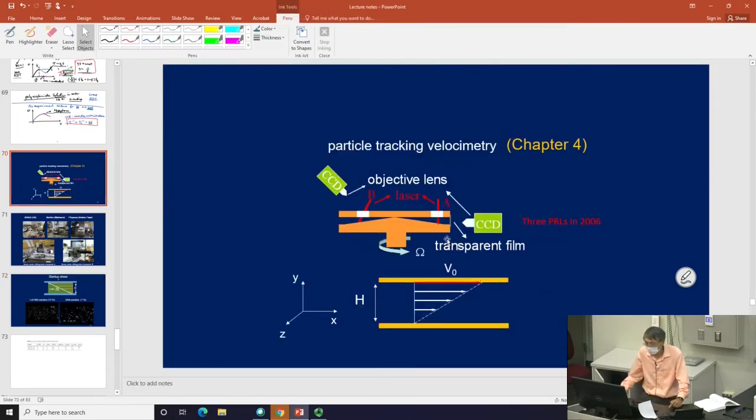So this is a conventional cone plate. This is about 1 millimeter. The gap actually is changing over the radius, and this dimension is usually about 2 to 3 centimeters, about 1 inch, basically.